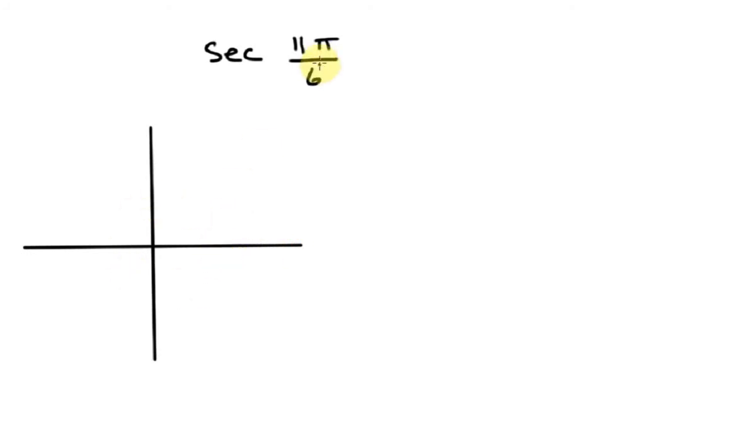Well, let's have a look. This is so close to being 2 pi. 2 pi, if I were to write it with a denominator of 6, would be 12 pi over 6. So I'm thinking we're just shy of that. We're at 11/6, so we're going to be a little bit under, something like that.